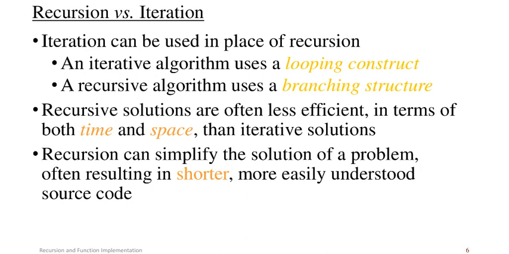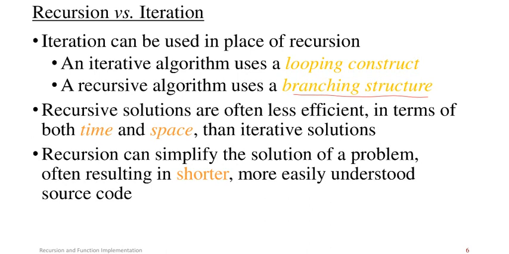But for a recursion, we don't use loops, we use a branching structure. Branching structure means where I can use any sort of if condition or switch case conditions, decision making. That's what we mean by branching structure.